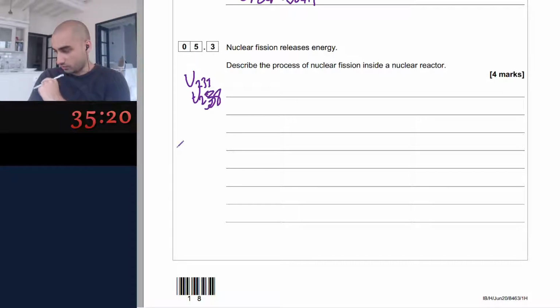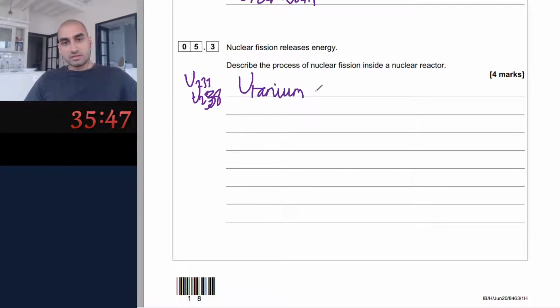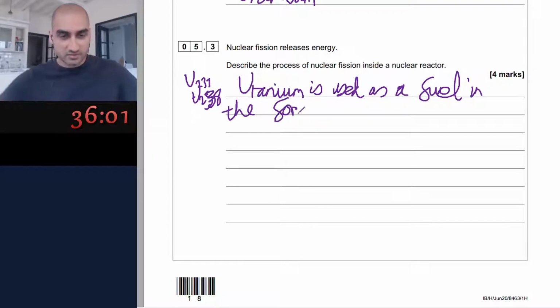So fusion is involving hydrogen, isn't it? Also fission. Okay, let's just say what happens in Factorio, I don't know. Uranium is used as a fuel in the form of... Why am I using?